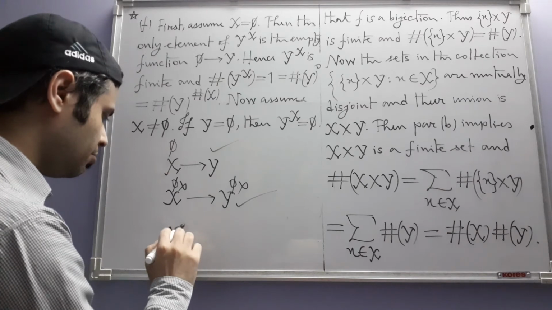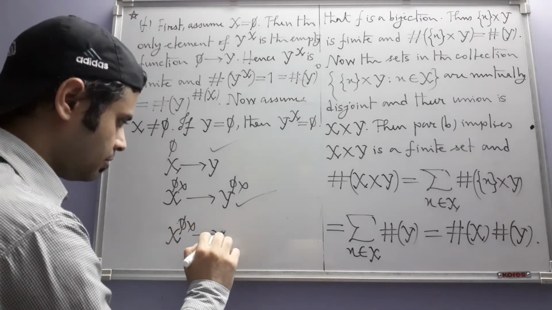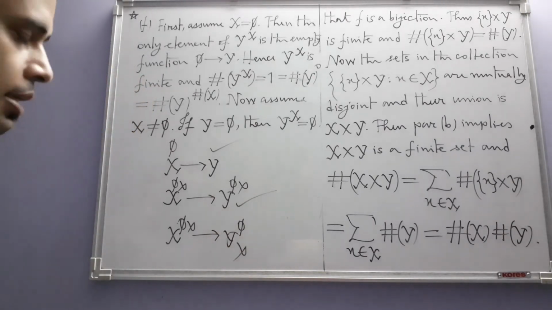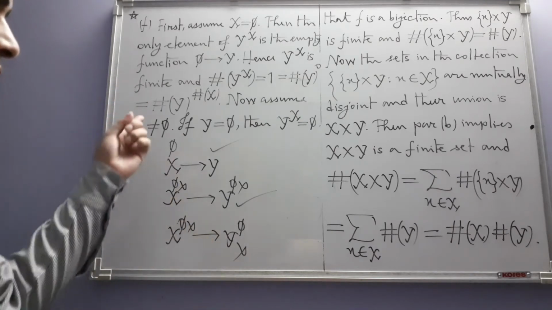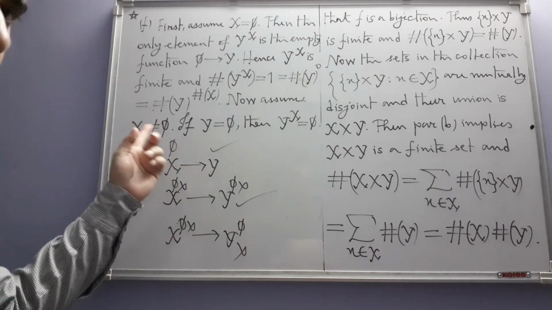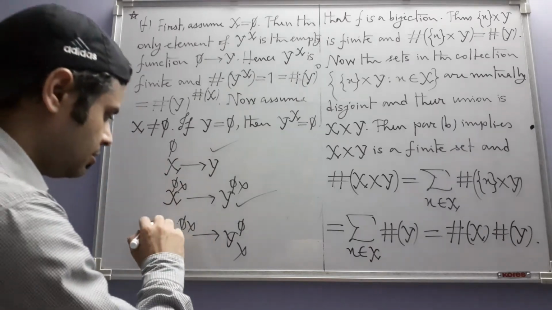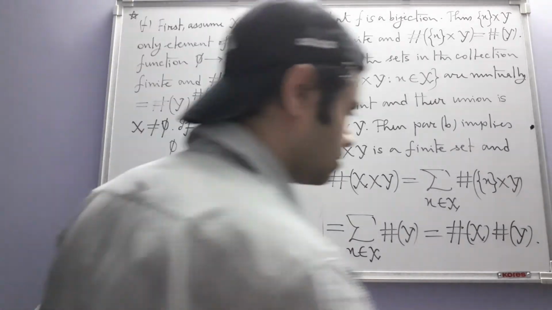But domain is non-empty and range is empty. This is not allowed. We don't have any such function like that. Why we don't have any such function, you go back to the definition of functions in that section and try to see why this case is ruled out by the definition.